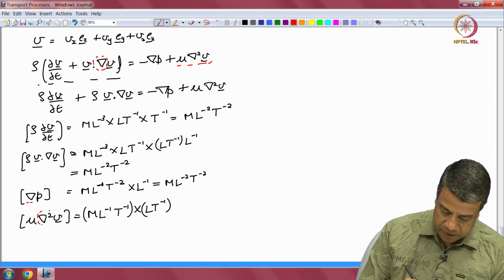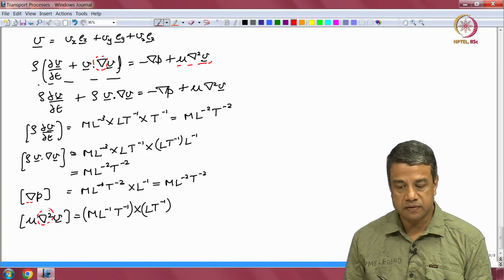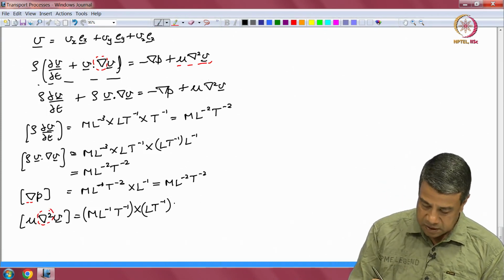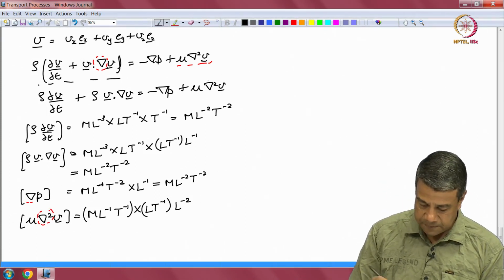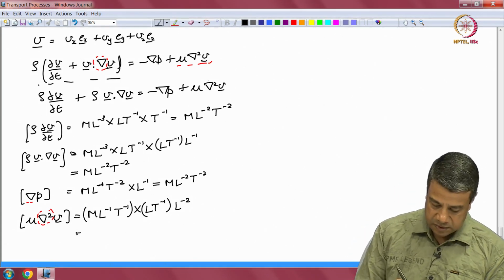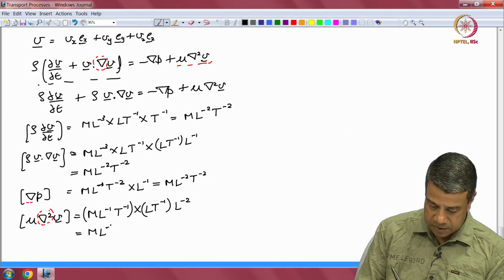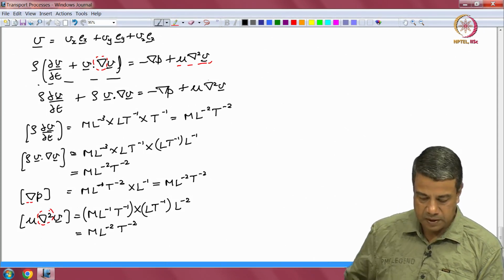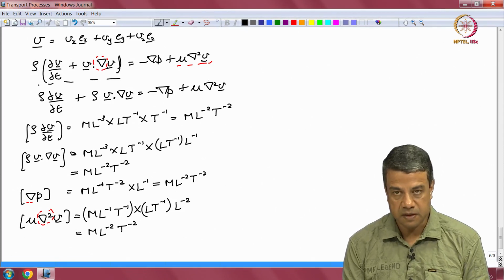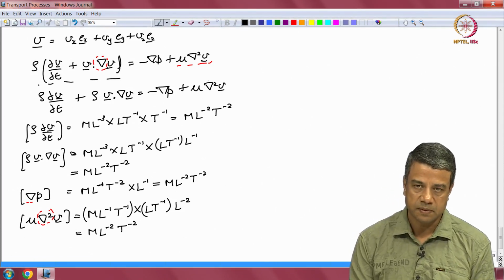I have del square, that is 2 derivatives with respect to position, 2 spatial derivatives, therefore, you get L power minus 2 here. And once again this is equal to m L power minus 2 t power minus 2. You can see that all terms in this equation have the same dimension, therefore, this equation is dimensionally consistent.